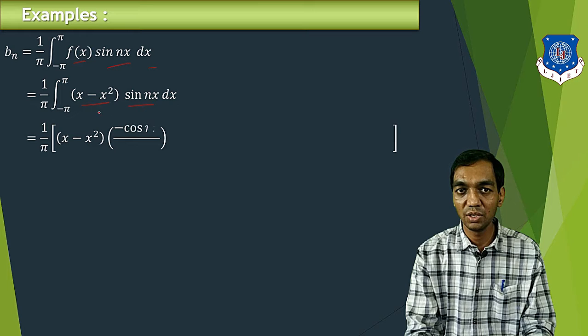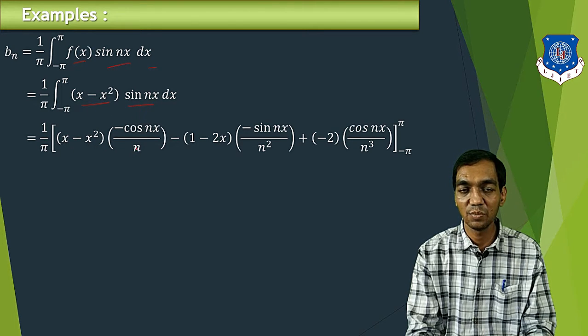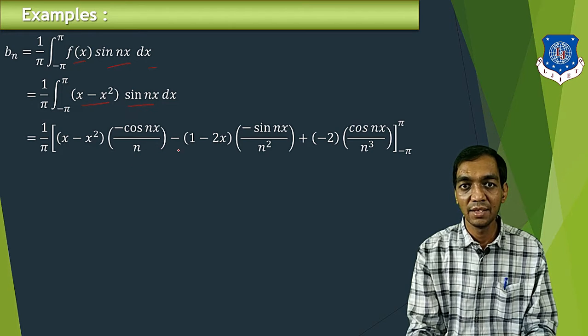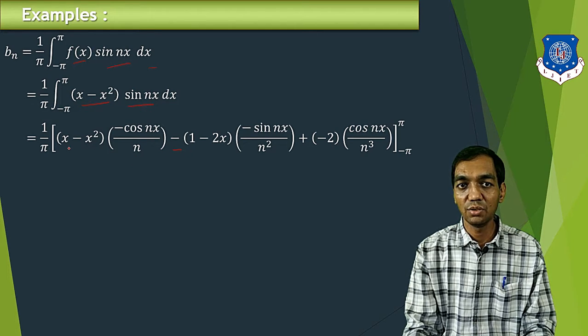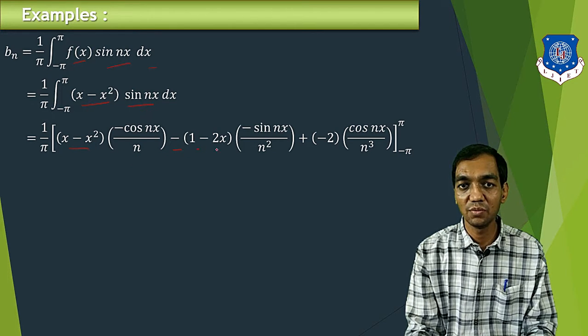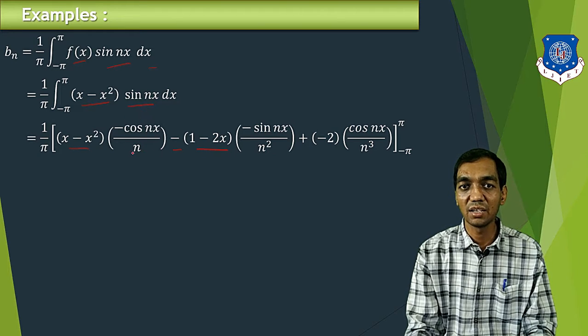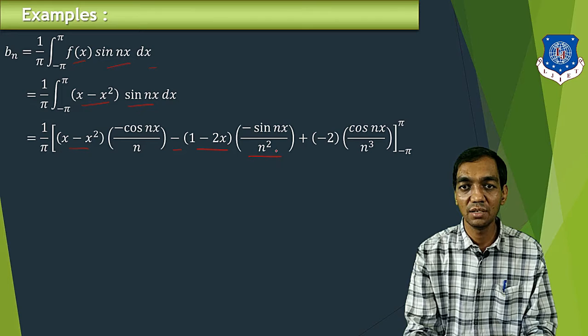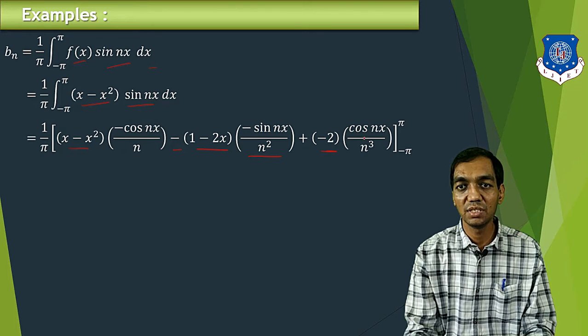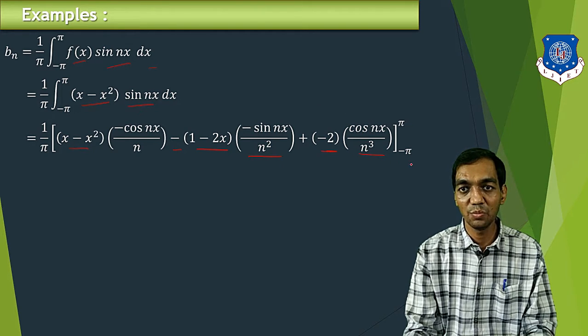Now applying u into v, x minus x square as it is, sin nx as the integration is minus cos nx upon n, minus the derivative of x minus x square, that is 1 minus 2x, and minus cos nx upon n as the integration is minus sin nx upon n square, plus 1 minus 2x as a derivative is minus 2, and again the integration of this term will be cos nx upon n cube. The limit is from minus pi to plus pi.